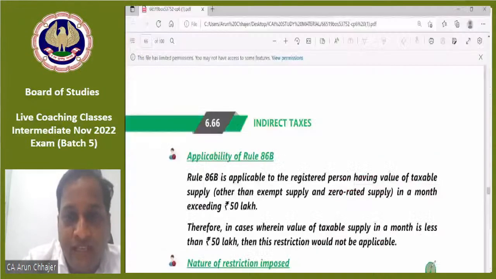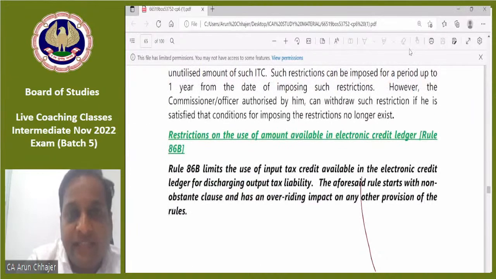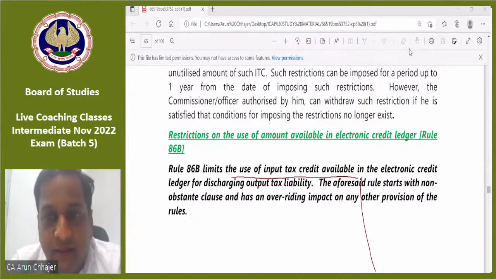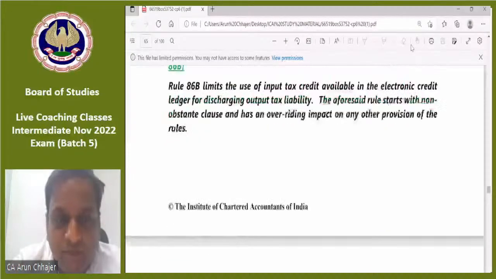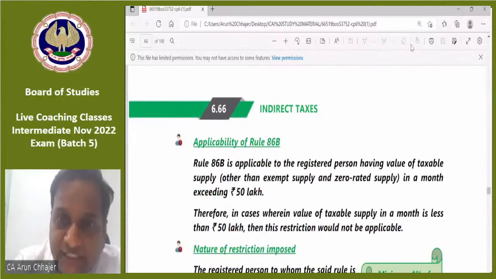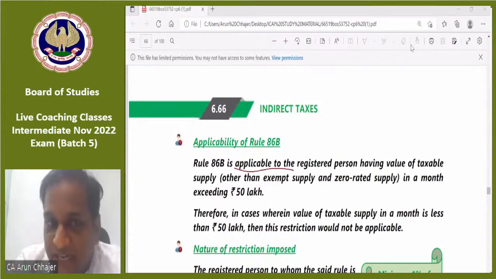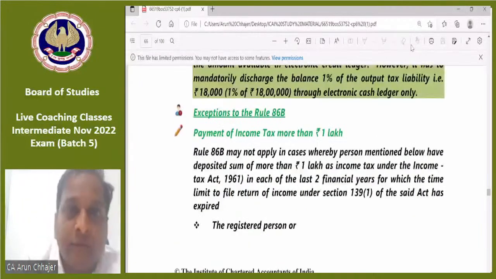The provision says Rule 86B limits the use of the ITC available. Rule 86B is applicable to the registered person having value of taxable supplies more than 50 lakhs: 99% ITC, 1% cash.